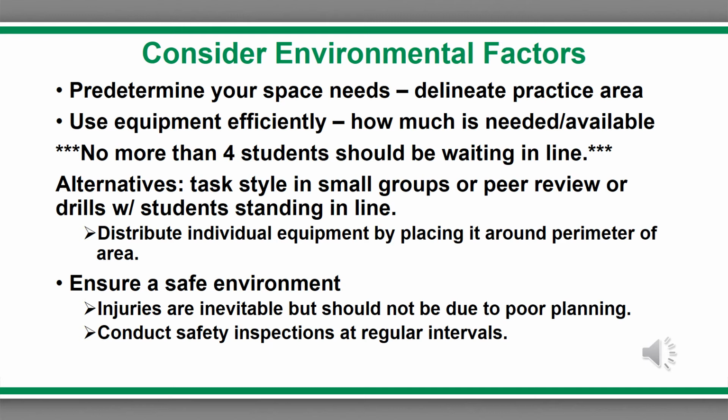Here's where they talk about how to distribute the equipment. If you have equipment, 1 per person, I want you to know, for test purposes, they are saying we should place it around the perimeter of the area. Well, if you don't know the definition of perimeter, then this is useless. So the definition of perimeter, peri, P-E-R-I, means around. So you want to place the equipment around.